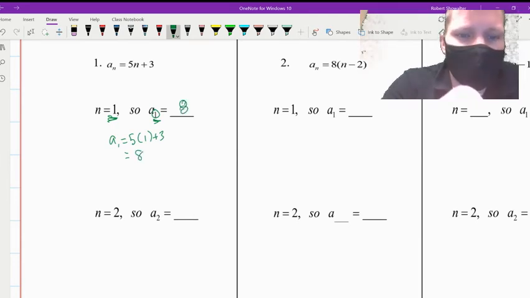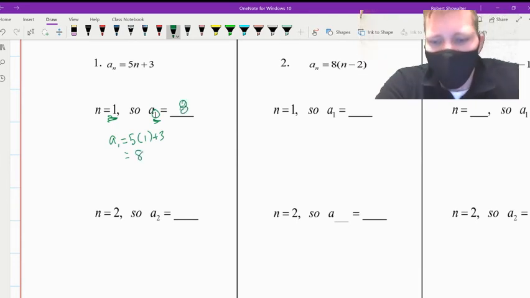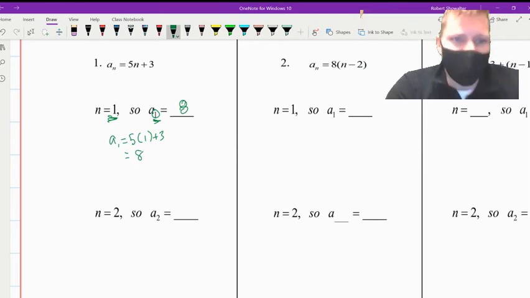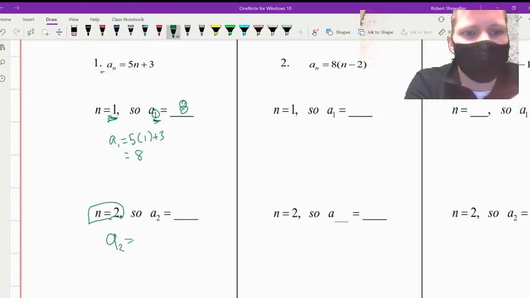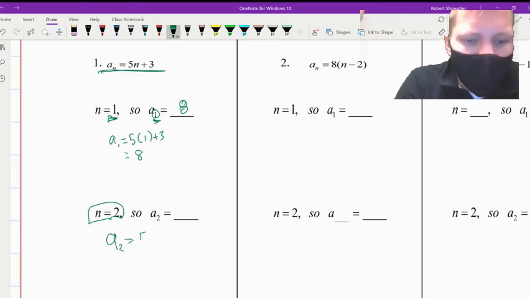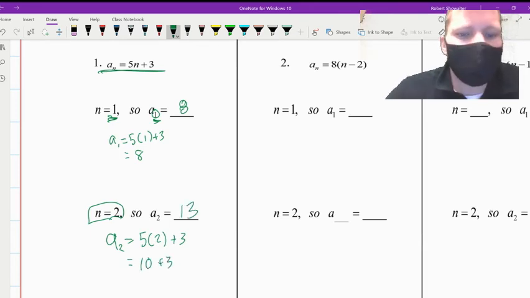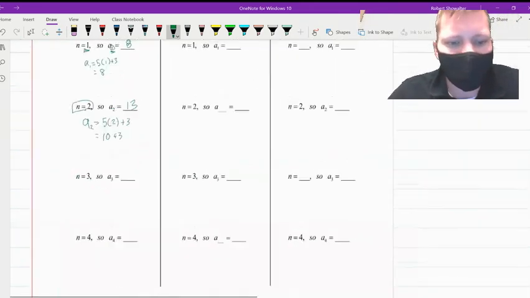So in this specific arithmetic sequence, A sub 1 is 8. Let's go ahead and find out what happens when n is 2. So we put n is 2 into the formula. Then we'll get 10 plus 3, or 13. So A sub 2 being 13.